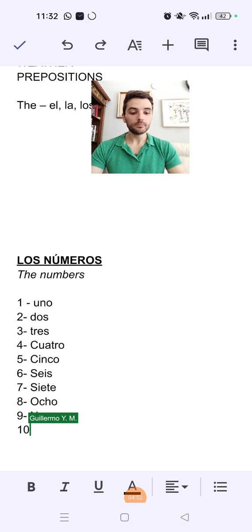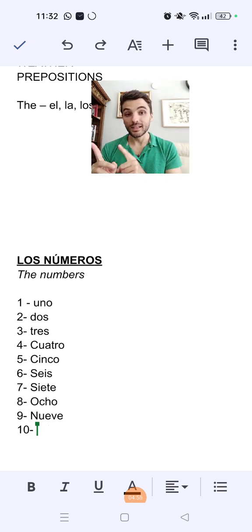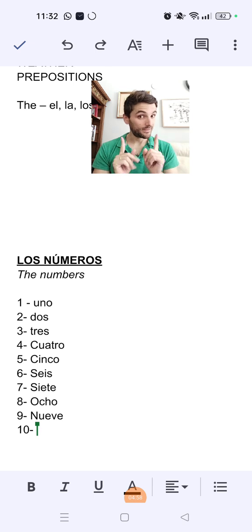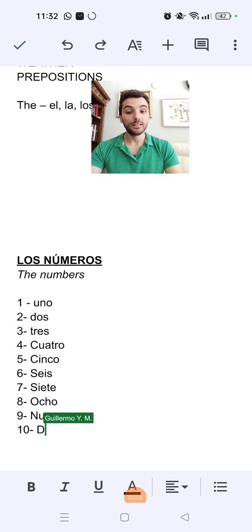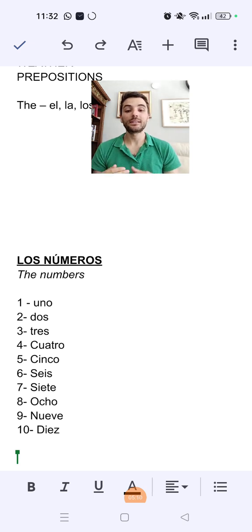Okay. And the last one is diez. Again, the I and the E. Okay, I and E, Spanish. 10. Okay, 10. Good.